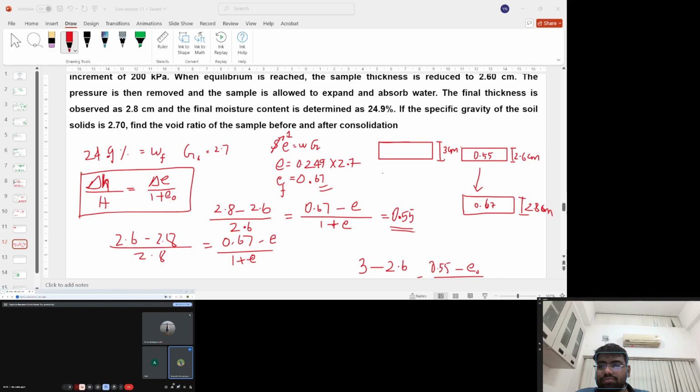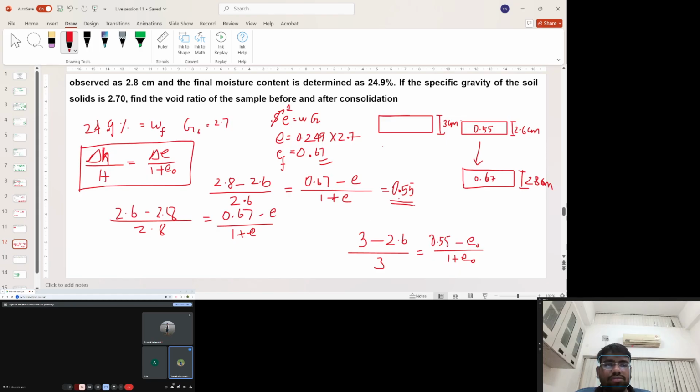Sir, first case, 2.8 minus 2.6 by 2.8 now. Yeah, so this is fine. This value is right. 0.55 void ratio is correct only, na? Yeah, this is right. So this is logically right, and the values are also right. I have cross-checked with my calculations.